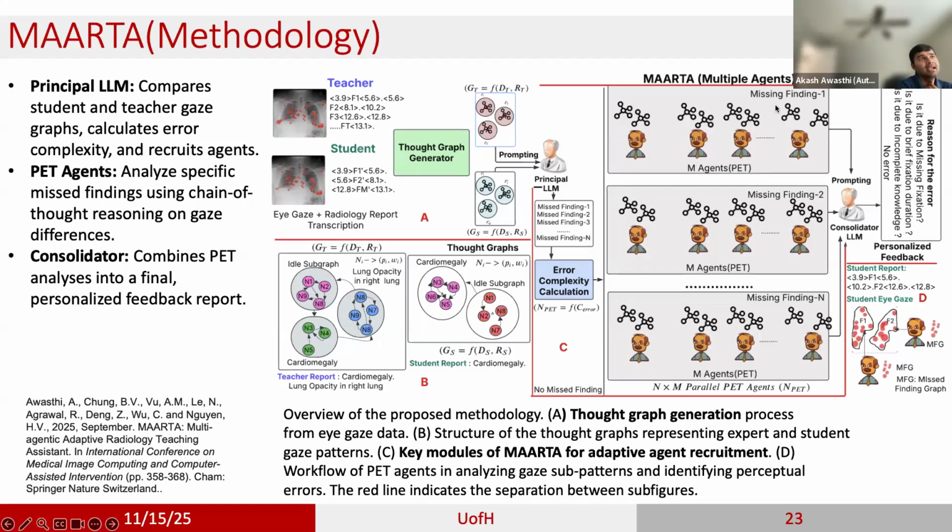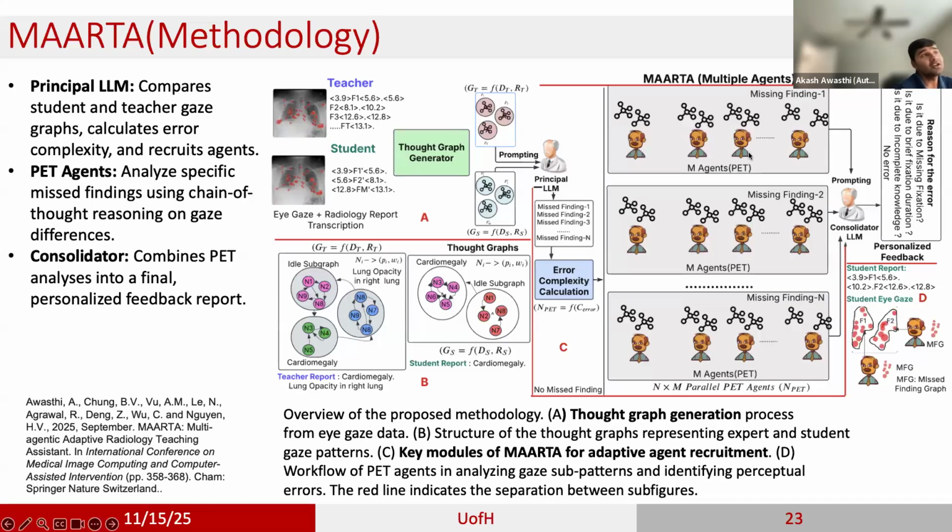So you can see that here we recruit many agents for analyzing these two thought graphs. Each agent may look at different subparts of the data, and for each missed finding, we may have multiple agents looking at it based on the complexity.